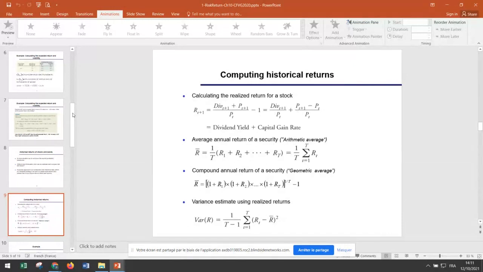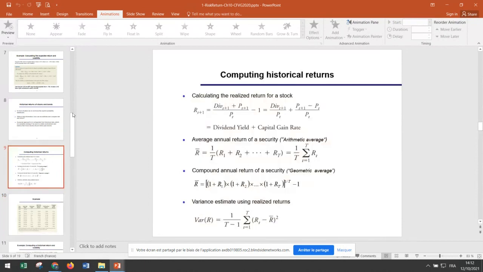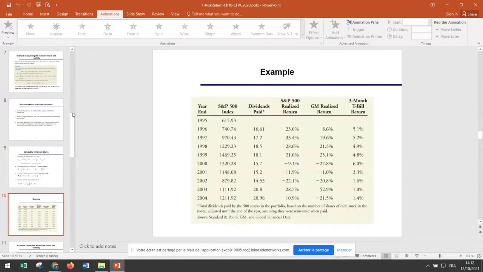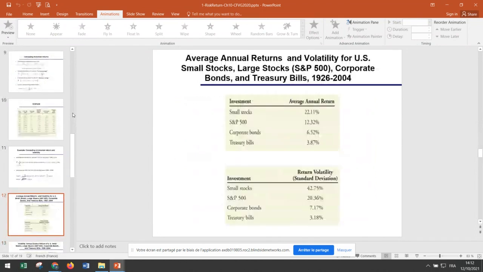One we call the arithmetic average return, and another we call the geometric average return, by calculating compounded annual returns of securities. And then you have the formula to calculate the variance, and the square root of the variance we also call the standard deviation. This standard deviation is referred to as a stock's volatility. All right, so this is how we compute it.